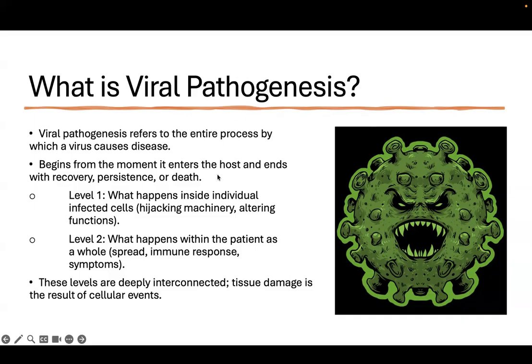So today we're going to be talking a lot about this entire process and how it starts. As we know, it always starts with the virus entering us, and it has to go to a host, because we know viruses are obligatory parasites. They cannot live on their own.